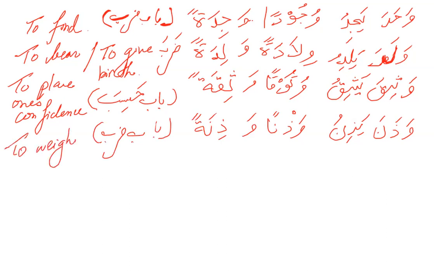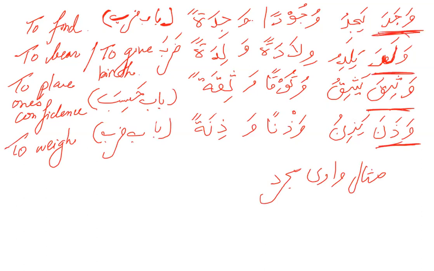There are many, many more words. So inshallah, do the sarf saghir and kabir of all these words. And this will be good practice for Mithal Wawi Mujarrad, because all of these are three letters.